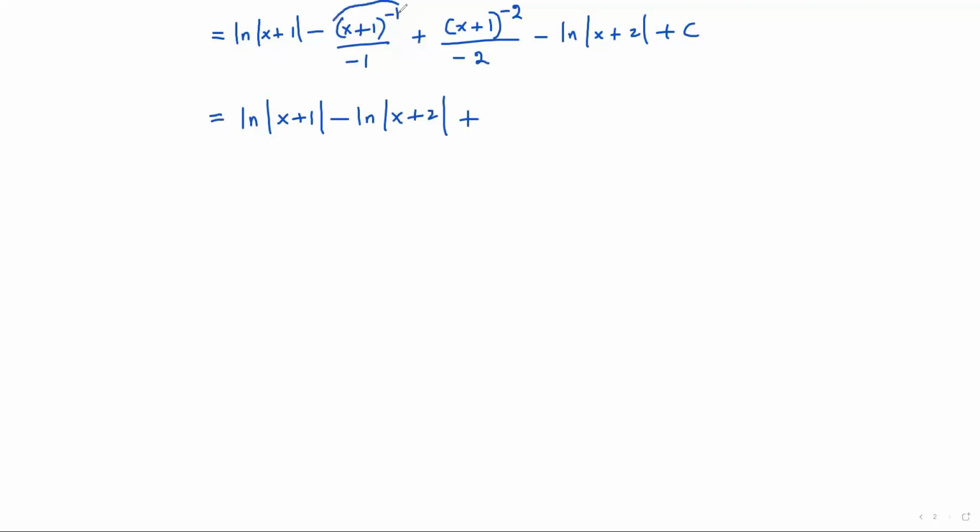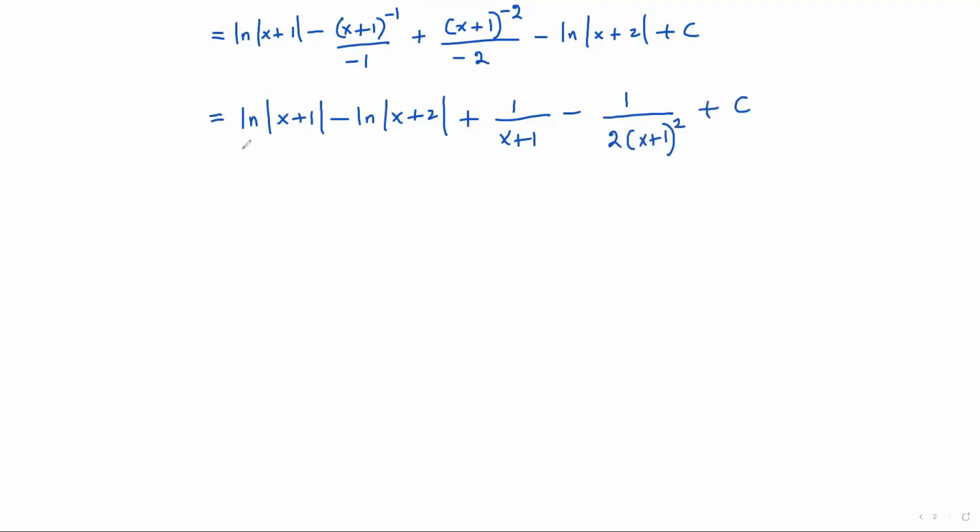When I move this to the denominator, the exponent negative 1 will change its sign to positive. So I'll be getting 1 over (x + 1), and negative times positive becomes negative. So here the exponent is negative, so I can move this term to the denominator. When I move this to the denominator, the exponent negative 2 will change its sign to positive. So I get 1 over 2 times (x + 1) to the second power, plus c.